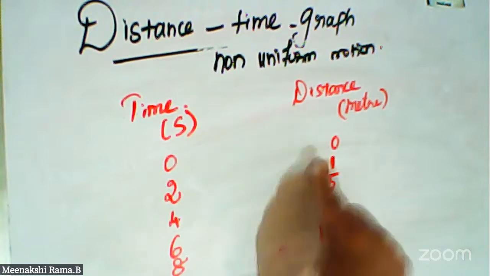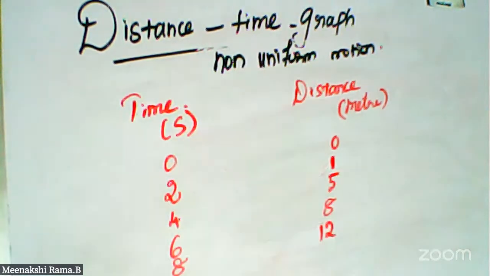So this is the example of non-uniform motion. In uniform motion, the person crossed equal distances in equal intervals of time, but here the person does not maintain equal distance in equal time duration.